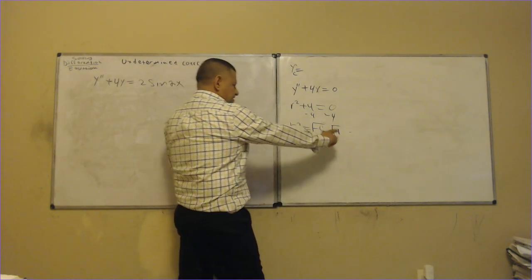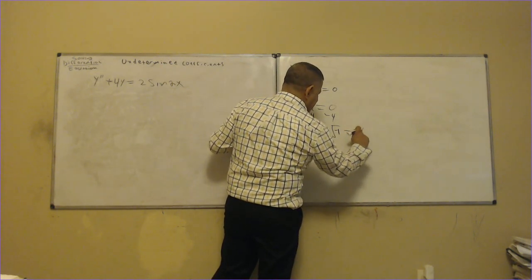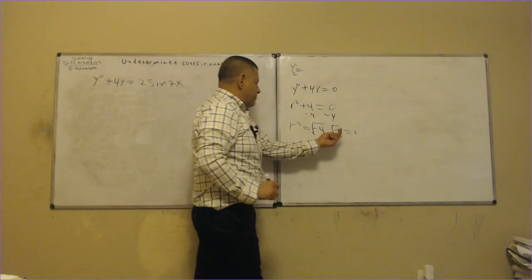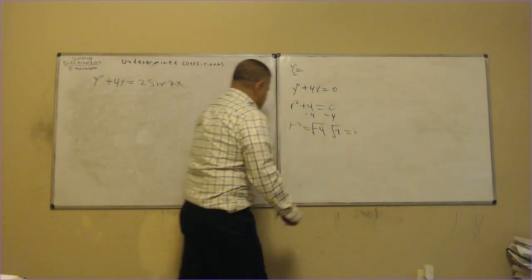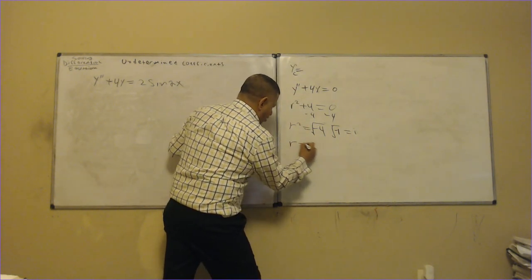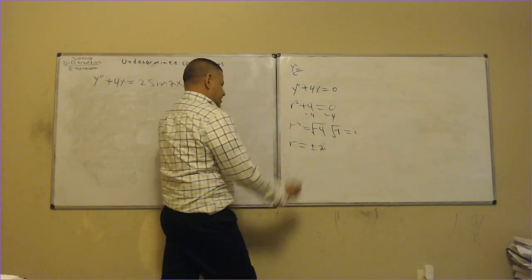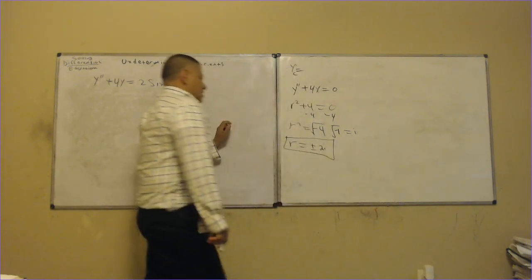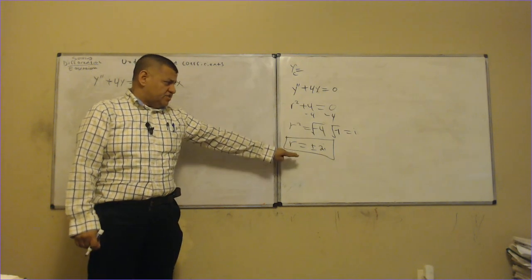This square root of negative 1 is equal to i, the imaginary number, so the roots will be r equals plus or minus 2i. It's an imaginary number.